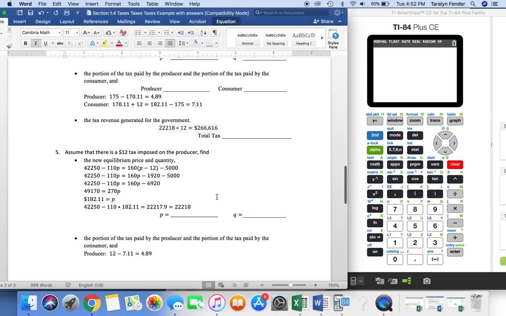We will apply the same principle to the producer with the set $12 tax, but now we remember that the producer is not going to get as much money.